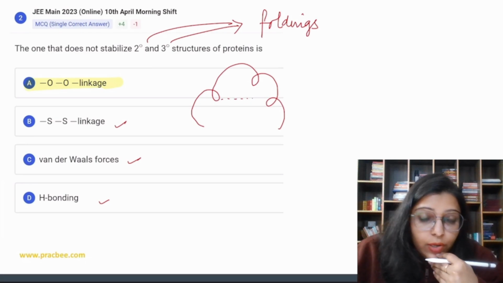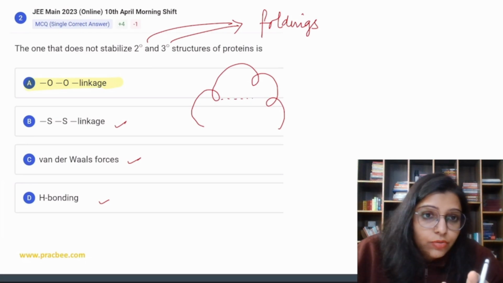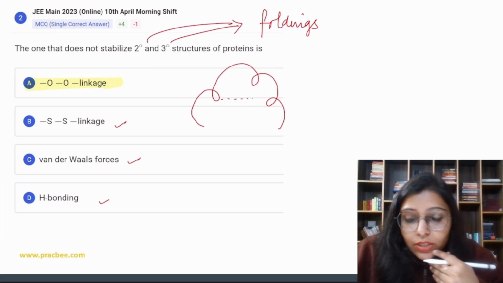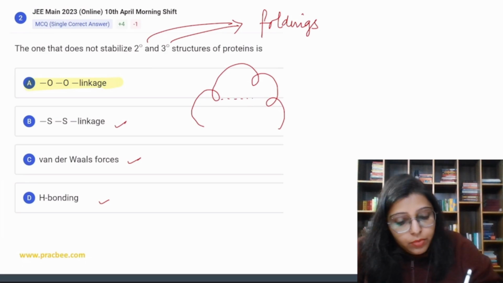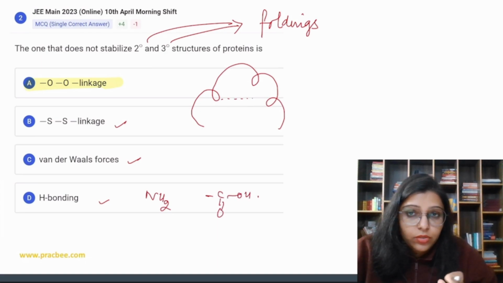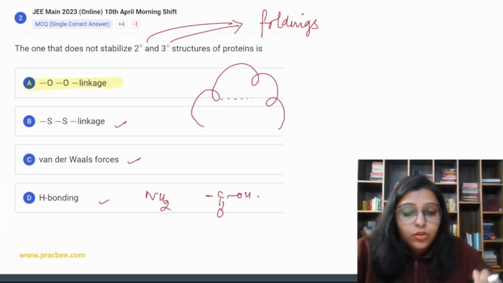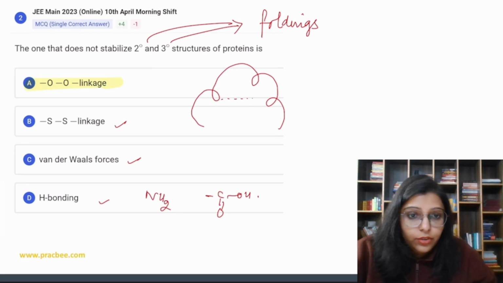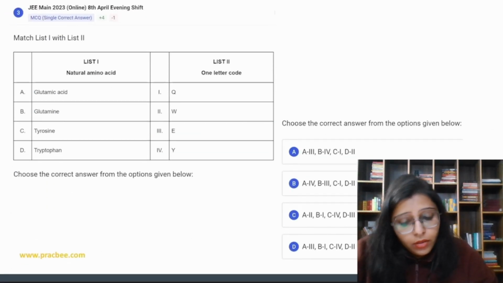Because we have the hydrocarbon part, the carbon hydrogen part, they are stabilized by van der Waals forces, and we do have hydrogen bonding between NH2 and carboxylic acid. Understood? So which is not there? Oxygen-oxygen linkage, the peroxide linkage. It is not there.